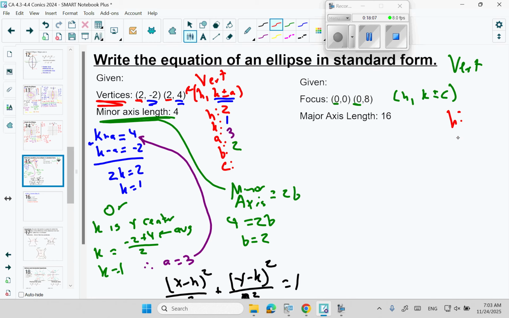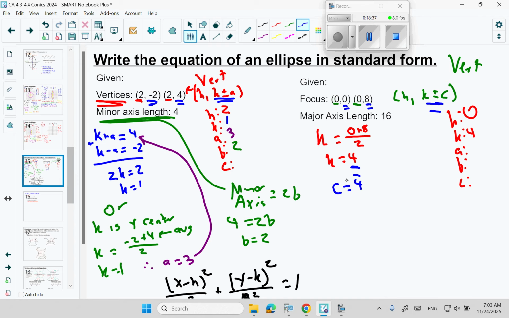So let's identify our h, k, a, b, c. Well, h has to be 0, and k has to be the average of 0 and 8. Again, if you want to do systems of equations, it also works. So we get k equals 4. So what would I add and subtract from 4 to give me 0 and 8? Well, c then has to be 4 by that logic, because 4 plus 4 gives me 8.